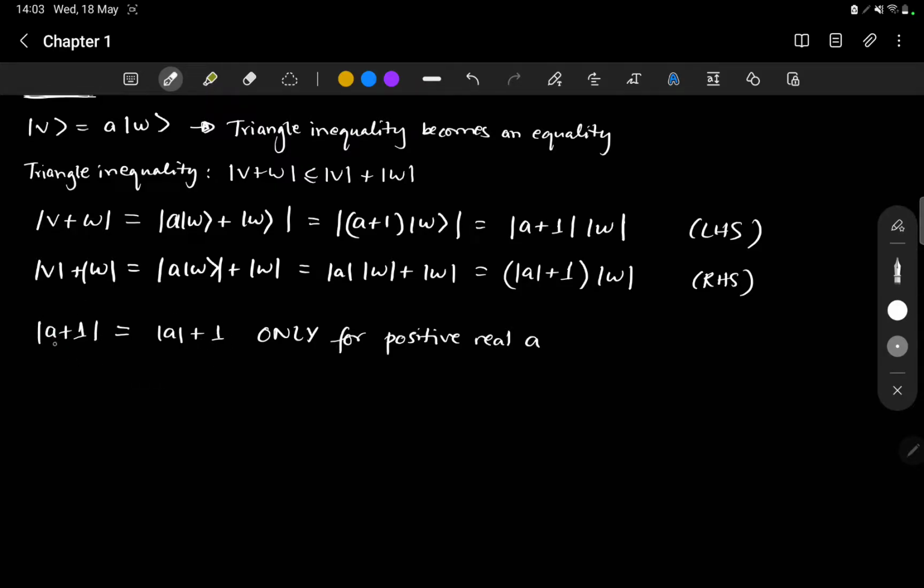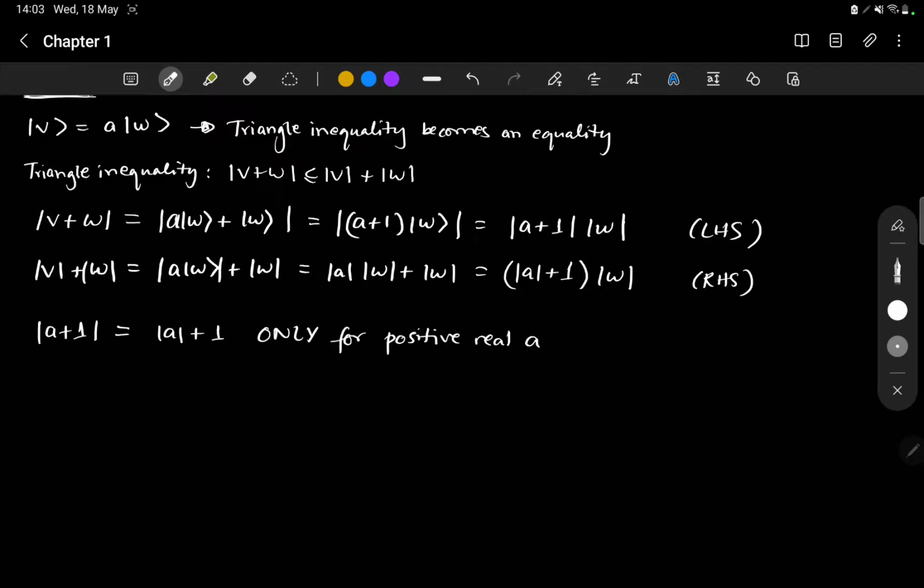So for example a is minus 5, then this left hand side will be 1 minus 5, which is 4, whereas the right hand side would be 1 plus 5, because we're taking the mod, which is 6, and clearly 4 will not be equal to 6.